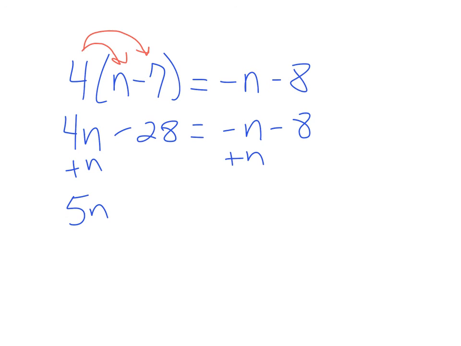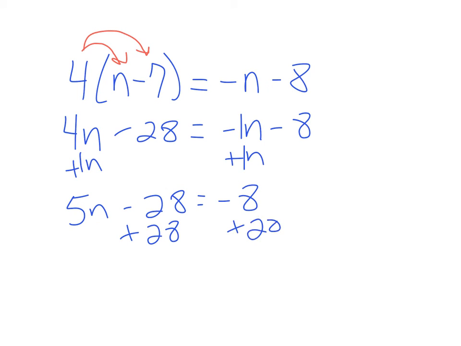Remember, when there is not a number written in front, that's an understood 1. That was a negative 1, so we added 1. So that's 5n minus 28 equals negative 8. Add 28. That gives me 5n equals 20. And then our last step is going to be to divide by that 5. And we will get n equals 4.